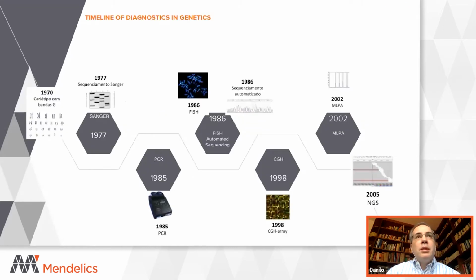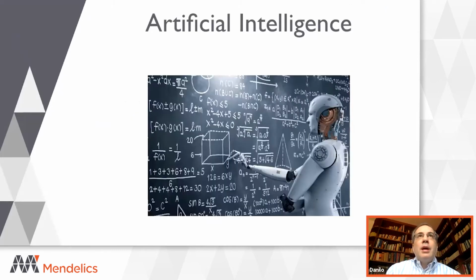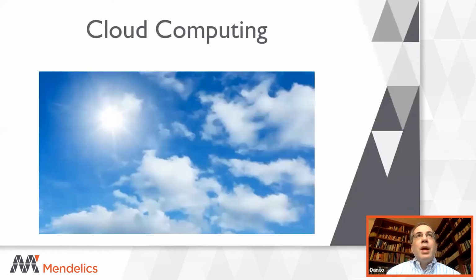Next generation sequencing uses a little bit of previous technologies, and it depends a lot on advancements in computer sciences. We have the advances in artificial intelligence that allowed it to be developed. We had advances in cloud computing that allowed it to be developed.